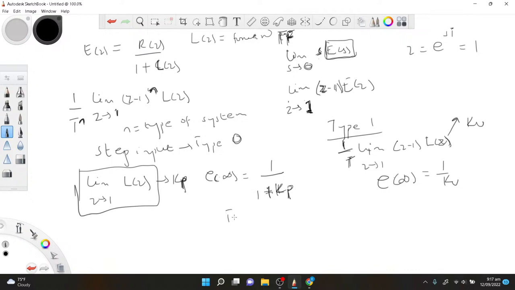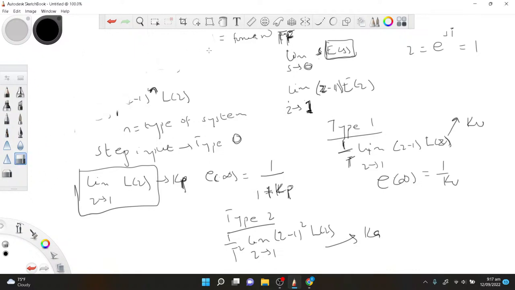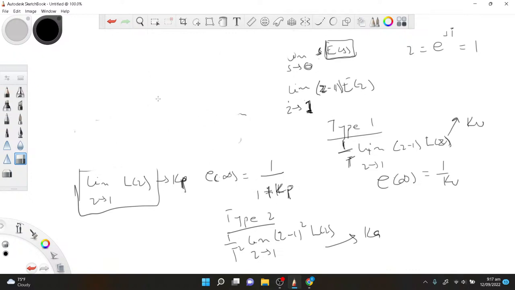Very simple. Type 2, n is 2, so 1 over T squared, limit as z approaches 1 of (z minus 1) squared L of z, and this gives us our acceleration constant. So please, this is steady state error.